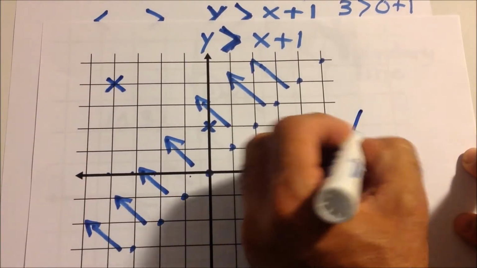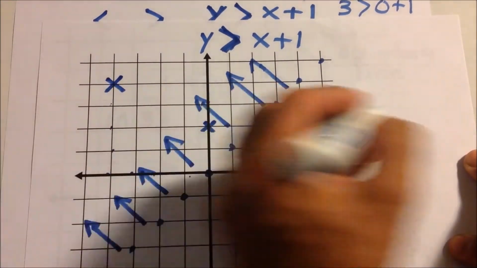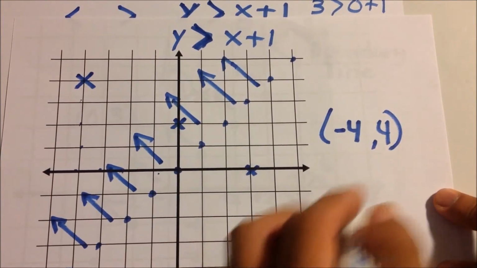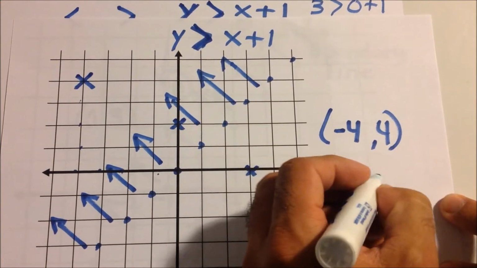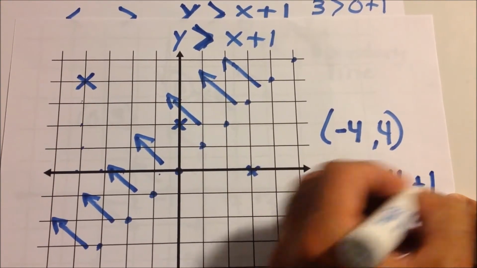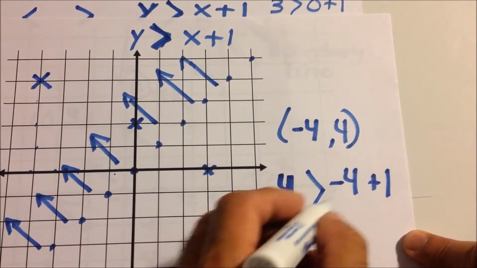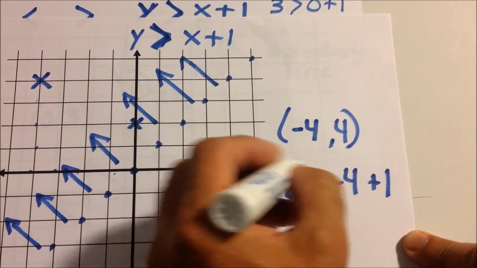So that point here is saying negative 4, and it's 1, 2, 3, 4. Negative 4, 4. Let's see if negative 4, 4 works. So we're saying now that 4 is y, and it has to be greater than negative 4 plus 1. There we go. And negative 4 plus 1 is less than 4. So it works.